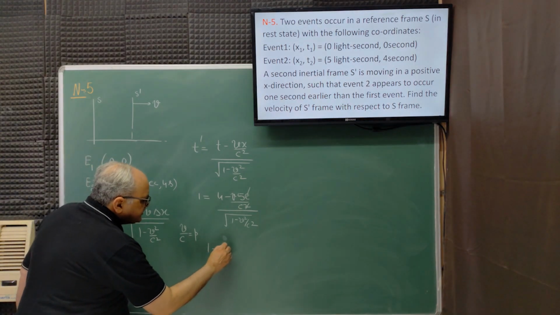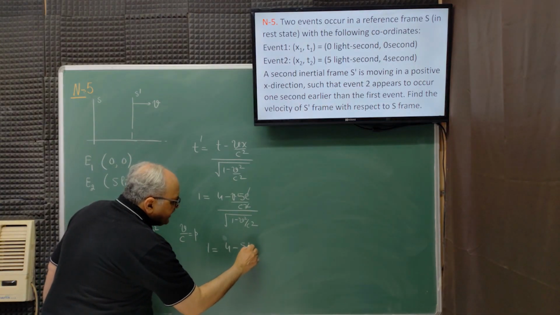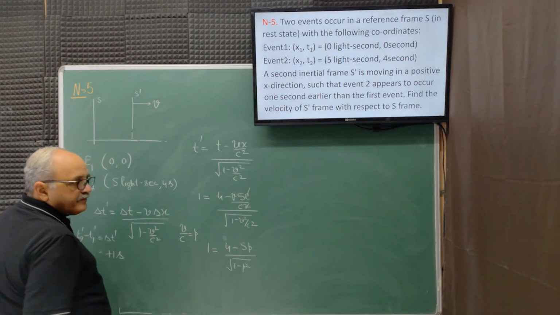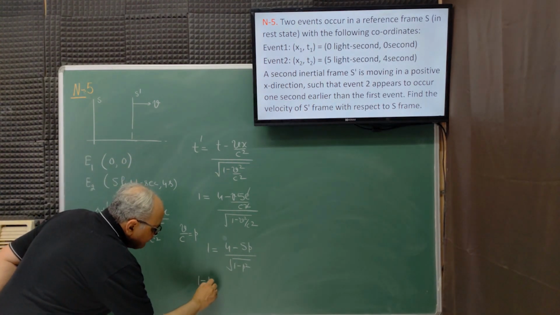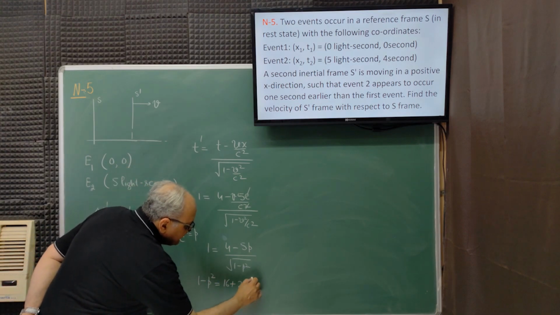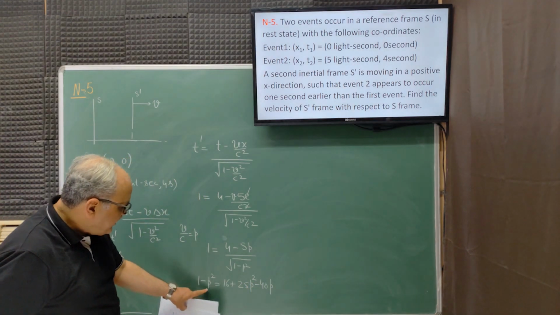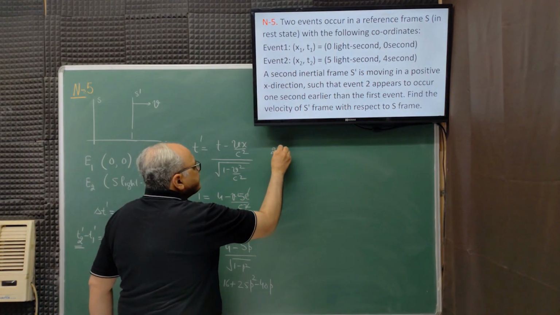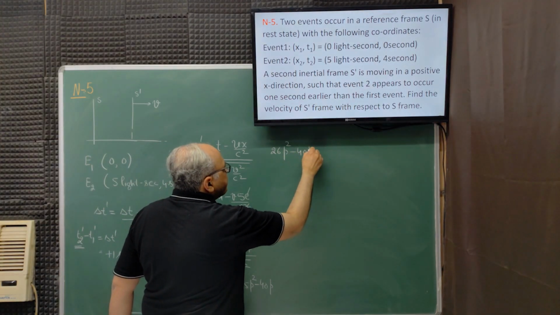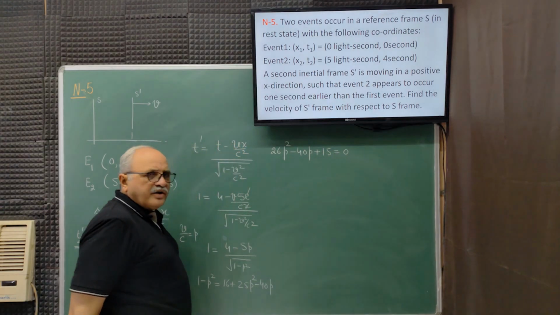Now we have 1 equals (4 minus 5p) divided by the square root of 1 minus p square. Squaring, this gives me 1 minus p square equals 16 plus 25p square minus 40p. Now readjusting, this gives me 26p square minus 40p plus 15 equals 0, which is a quadratic equation.